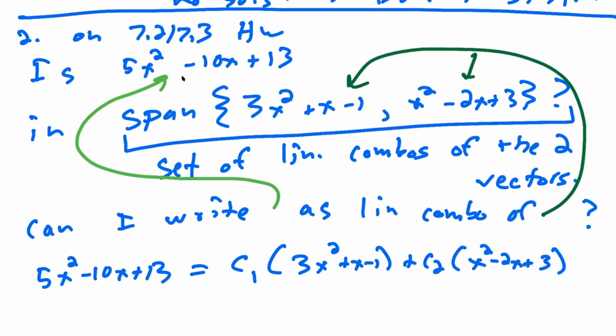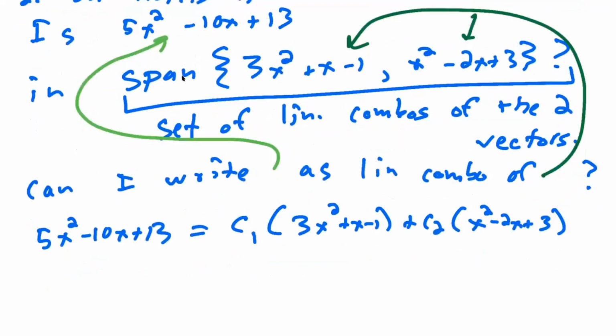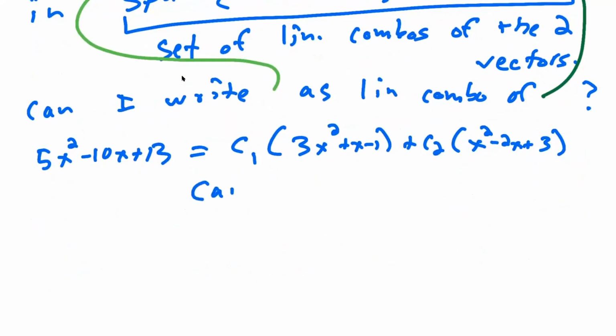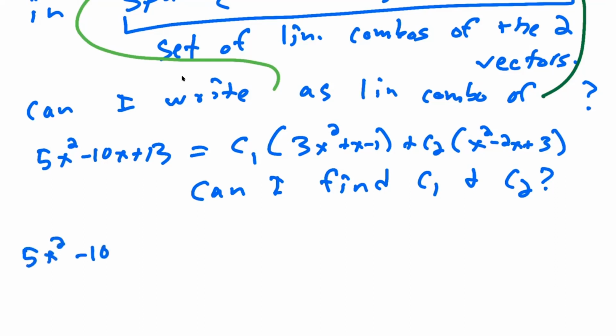And the big question is, can I find c1 and c2 to make this work? So I'm going to do what I've done before, and that is group things nicely and then equate coefficients. So let's see what that looks like. I'm going to get my x squared stuff together first.